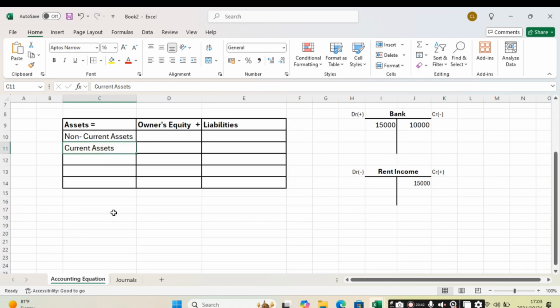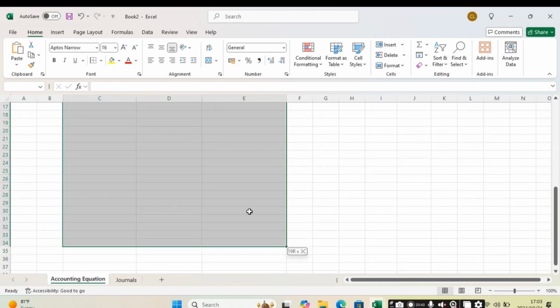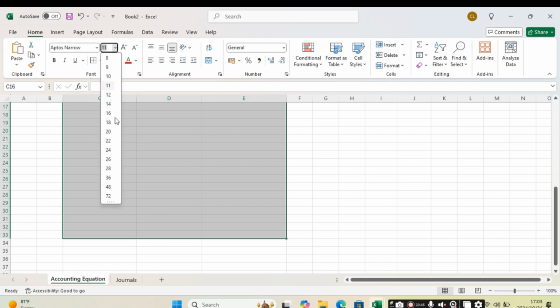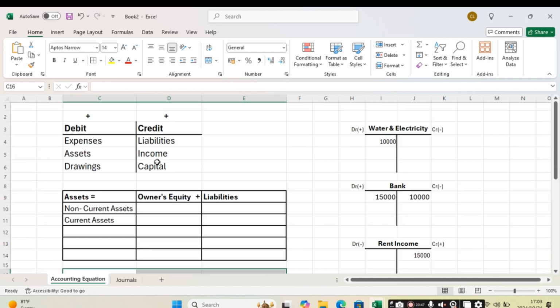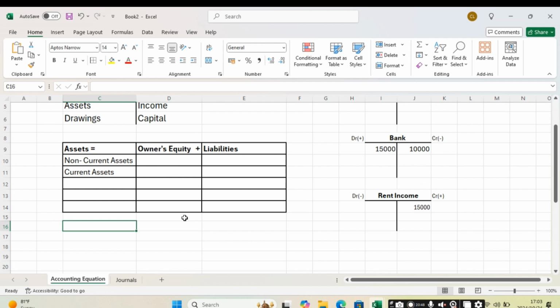Let me go down. Okay, so let's talk about our non-current assets. What are we talking about when we're talking about our non-current assets? Under our non-current assets, we have fixed assets.